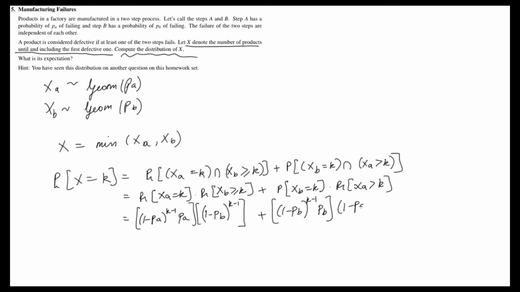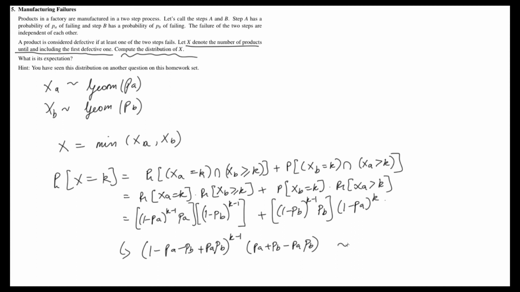So you know 1 minus PA to the K. Now if you work this out, you will end up getting the exact same thing, which is 1 minus PA minus PB plus PA PB to the K minus 1 times PA plus PB minus PA PB.